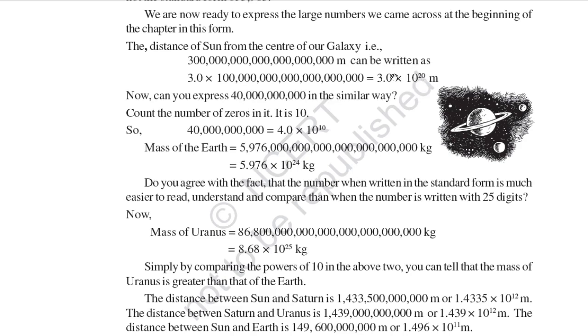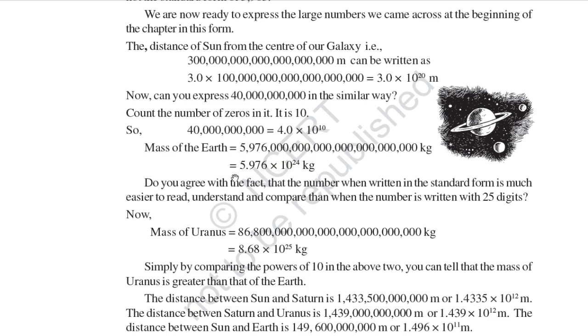So now you can express 4000 and so on in a similar way. Count the number of zeros in it, it is 10. So you can see it is equal to 4.0 into 10 to the power 10. The mass of Earth is 5976 and so on kg, which is equal to 5.976 into 10 to the power 24 kg.